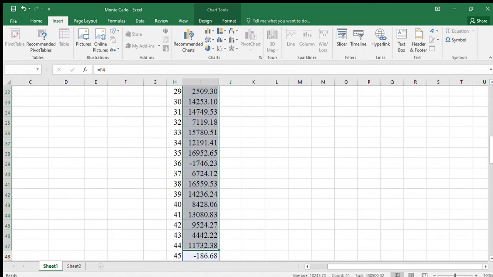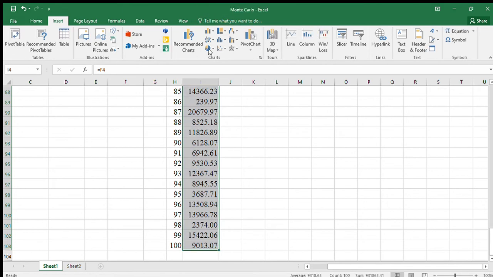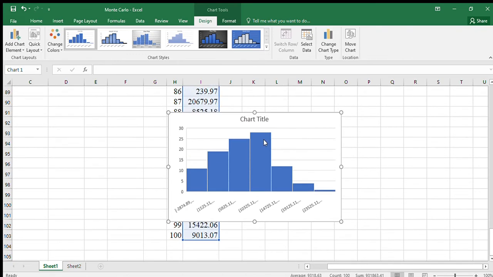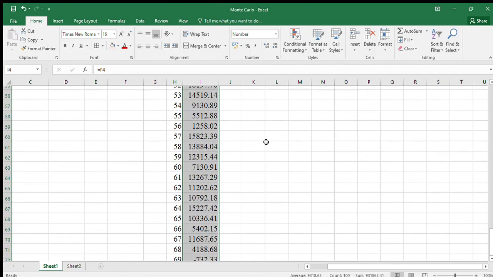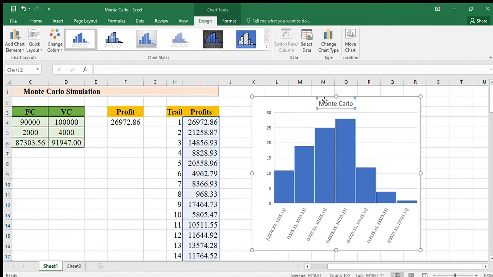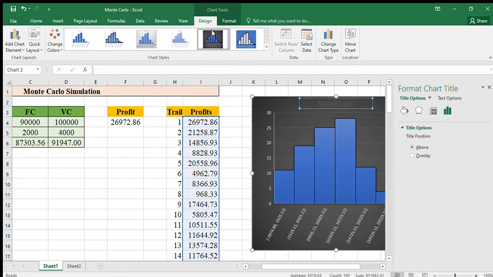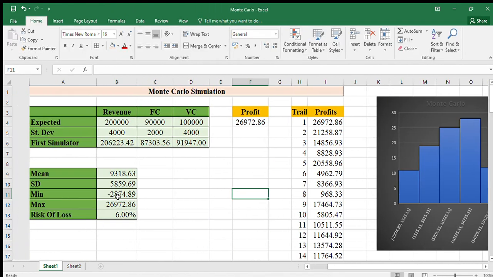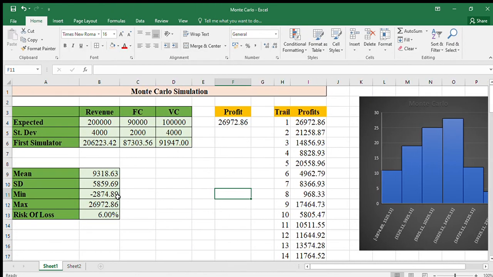Suppose you want this, select this, go to the bar graph, histogram. See, this is how it's made. I've already made one, so I'm deleting this one, and this is what we have. I've just renamed it to Monte Carlo. You can do various things with it. So that is all about this example of Monte Carlo simulation.